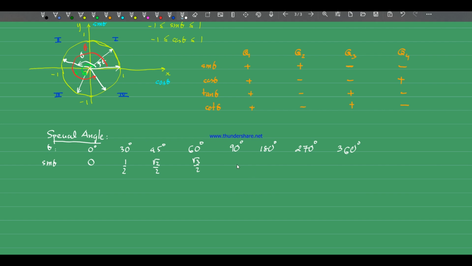If the terminal side is over here, it gives you 0. Then it gives you negative 1, and when I go back down here, it gives you 0.